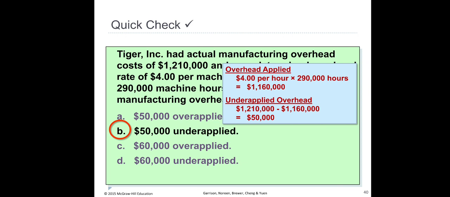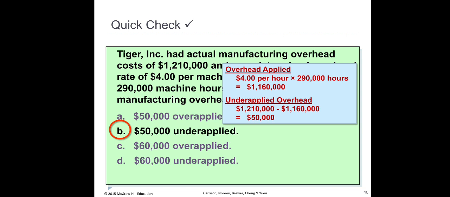You compare the actual overhead and the applied overhead. You can see there in the blue box, actual overhead is $1,210,000, and the applied overhead is $1,160,000. So the difference is $50,000.